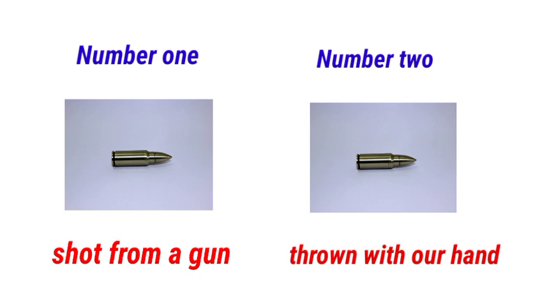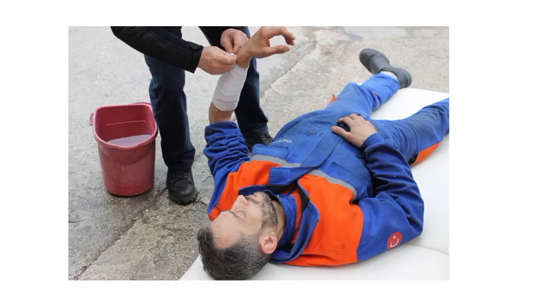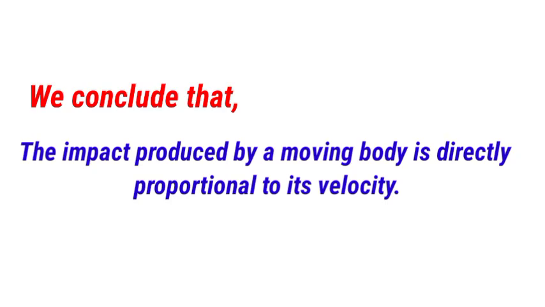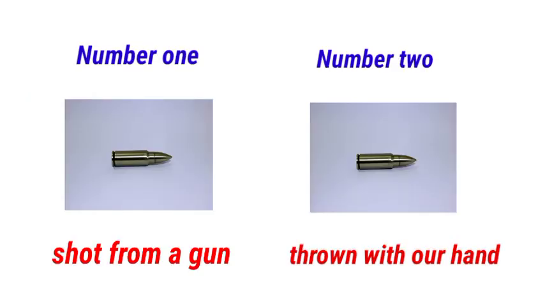In fact, the first bullet may even kill a person if a person comes in the way of the bullet. So we conclude that the impact produced by a moving body is also directly proportional to its velocity. Also, these two bullets are exactly the same but shot with different speed, so we get totally different impact with these two bullets.